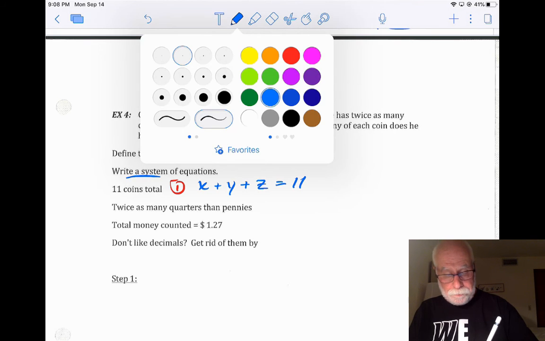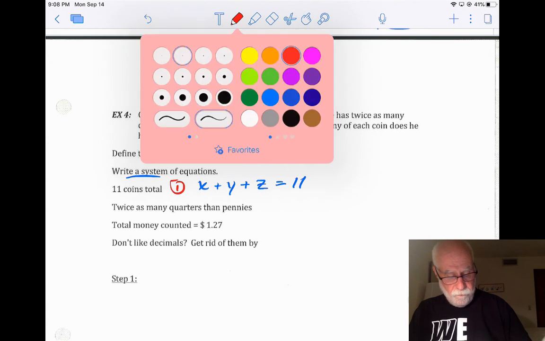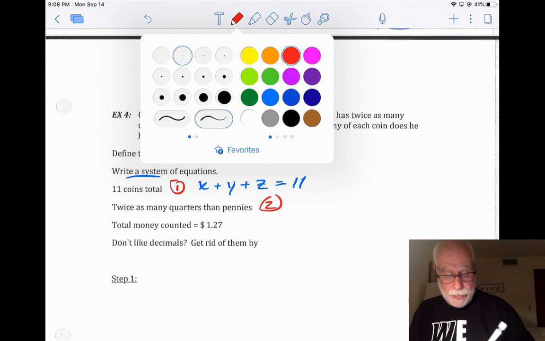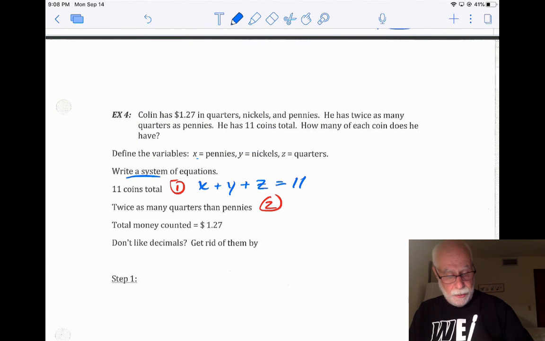All right. For the second one, we know we have twice as many quarters as pennies. So if we have twice as many quarters as pennies, we're going to be able to say that z is equal to 2 times x.